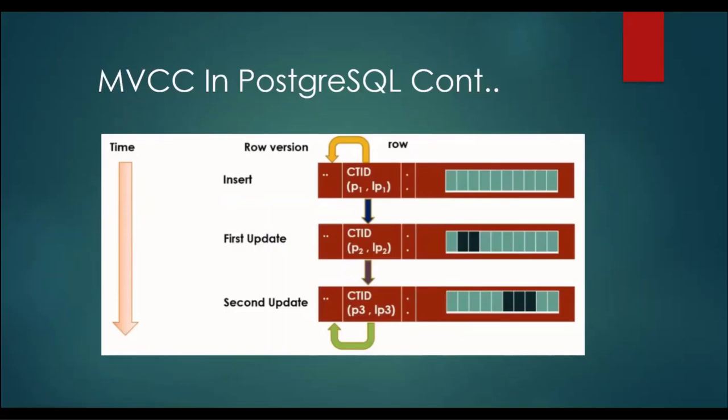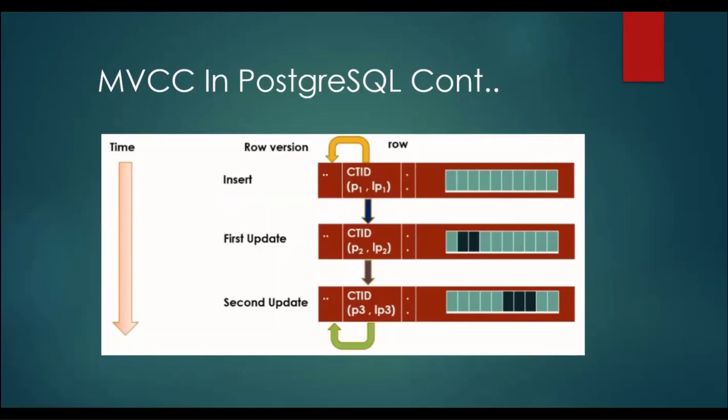Remember that point. For example, in this example, we are doing a second update. Whenever you do the second update, it copies the previous row into the new snapshot and modifies it. Once you commit the transaction, the previous image is marked as dead, because the new latest version is already present. All other transactions will read the new snapshots.